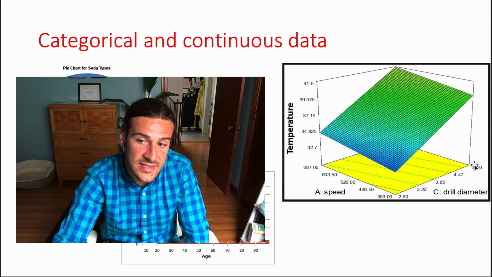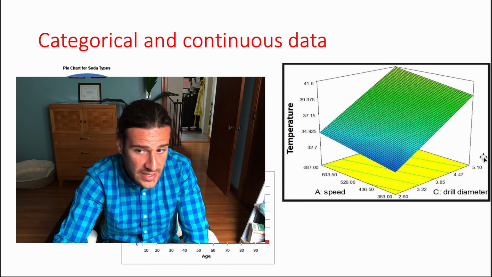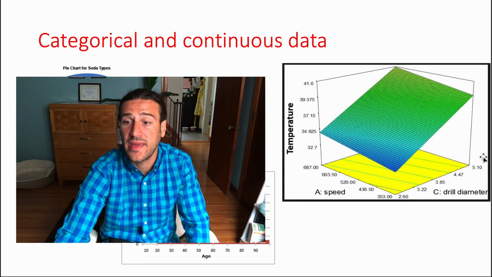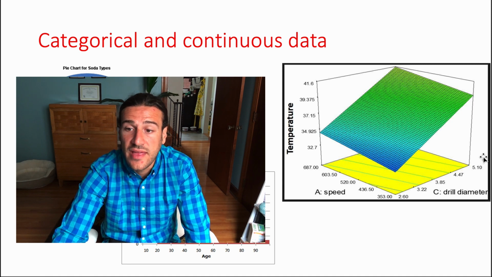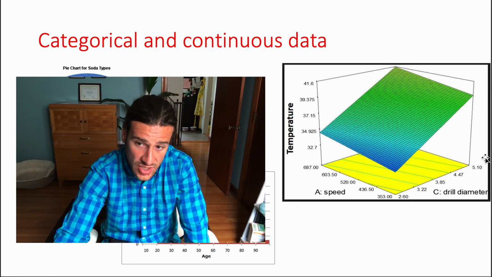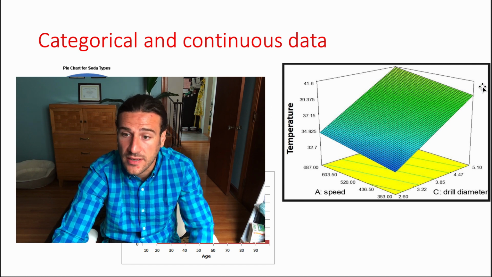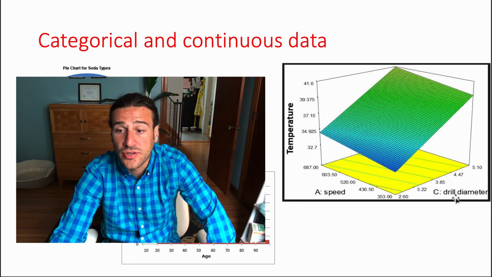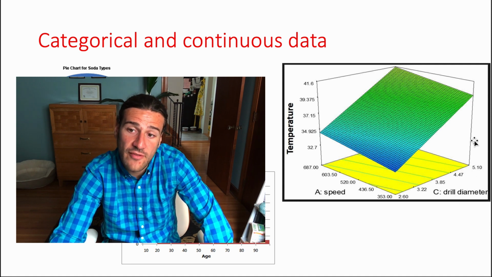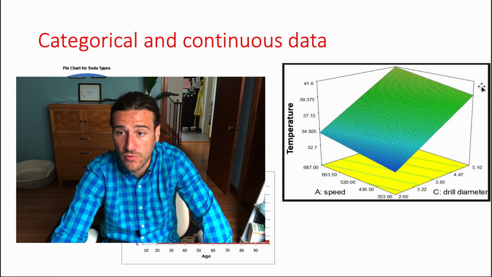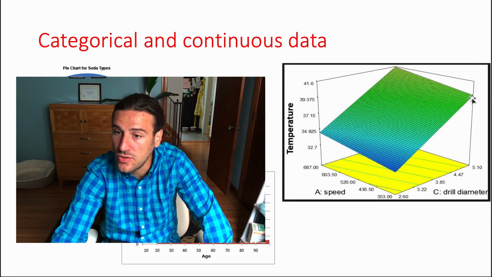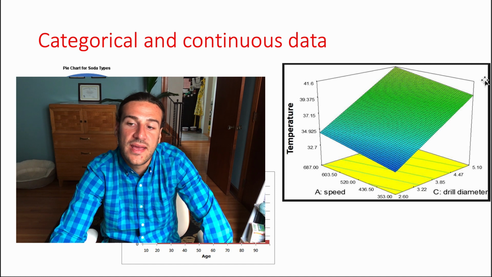It can continue off of the actual graph we're looking at, and we can make an educated guess that as you continue to increase the diameter, even past what this graph is showing, the temperature will maintain this positive direction and trajectory, right? As the drill diameter exceeds what we see on the graph, we can still hypothesize that the graph will continue going on. Continue is the key word, and continue its trajectory.